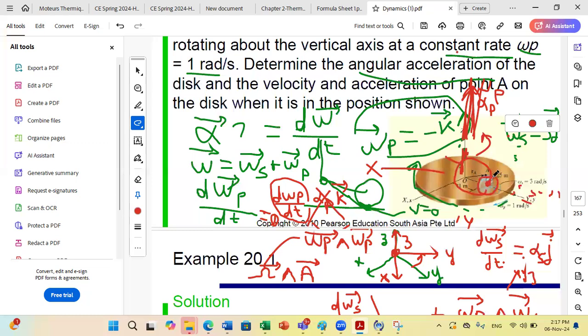So if I call this point C, I can calculate the velocity of A as the velocity of point C, which is the center of the disk, plus the velocity of A relative to C.